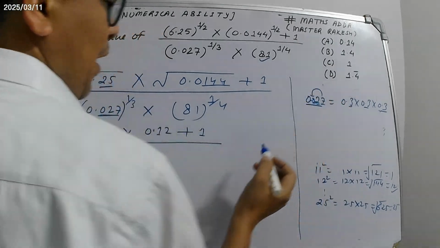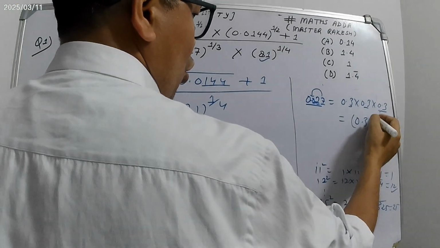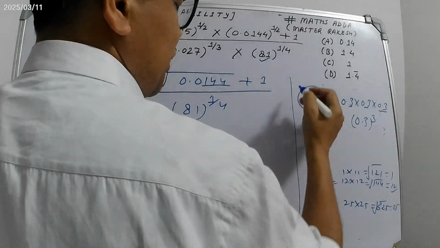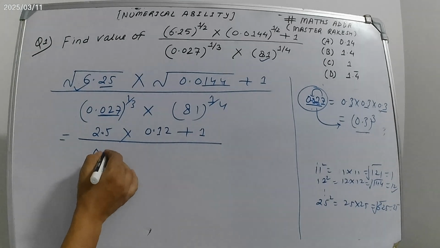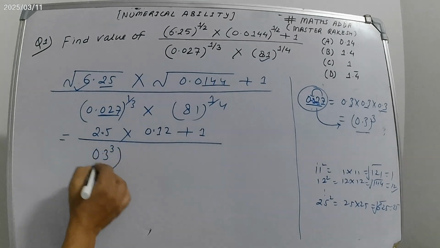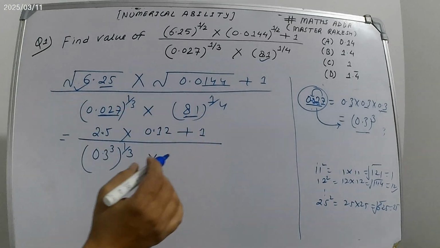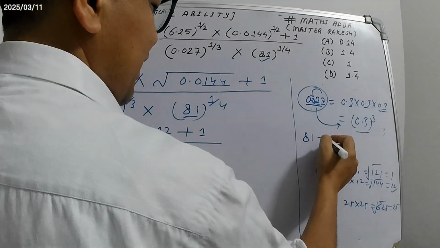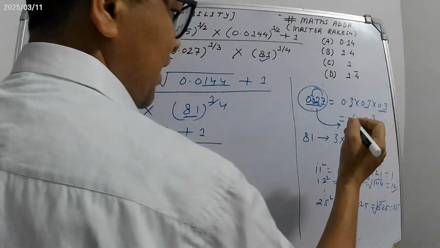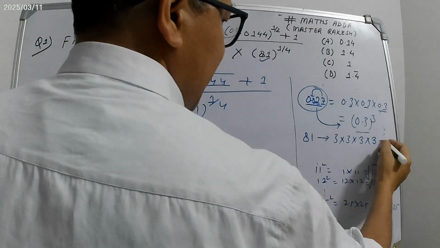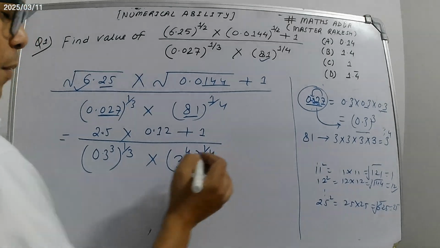So 0.027 can be written as 0.3 whole cube, with power 1 by 3 outside. Similarly 81: 3 3s are 9, 9 3s are 27, 27 3s are 81, so it can be written as 3 raised to power 4, whole raised to 1 by 4.